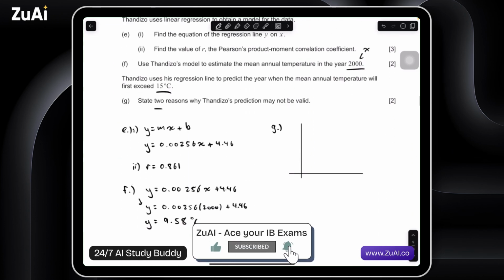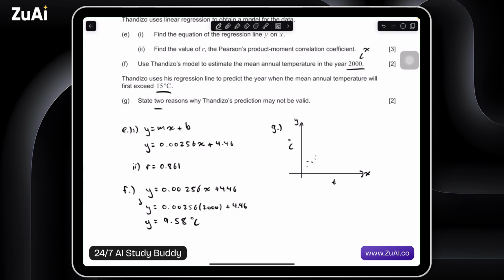So let's just write this out really quick. This is y, this is x, this was degrees Celsius, and this was time. And really what we have here is a set of values right here. What Thandiso is trying to do is ask the question, what would the year be? What time would we have this temperature all the way up here of 15 degrees Celsius? And the problem is that anything beyond this interval that we've collected data within is now called extrapolation.